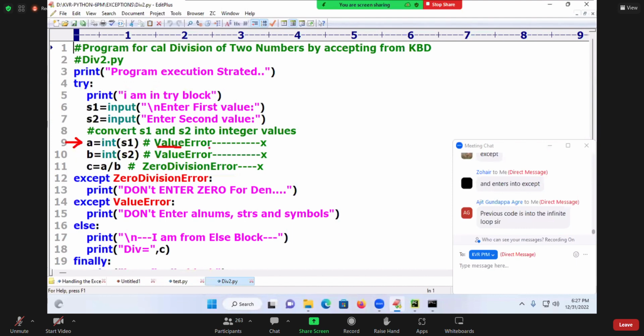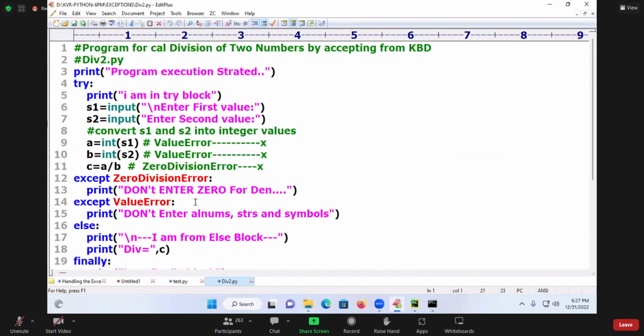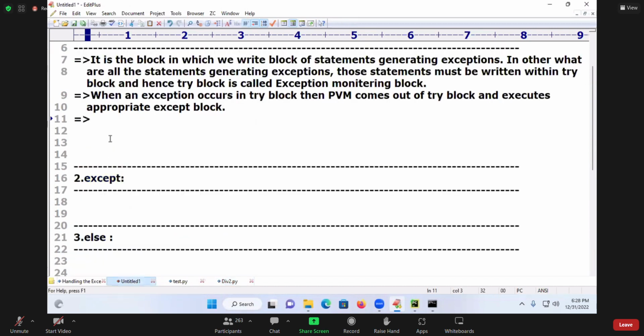For example, in line number 9, value error is occurring. After executing line number 15, it is not going back to line number 10. It will not go to that place. So simply the further statements will be carried forward.